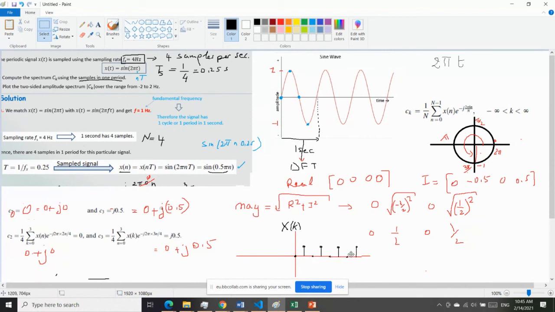Forever. And they repeat on the other side also.